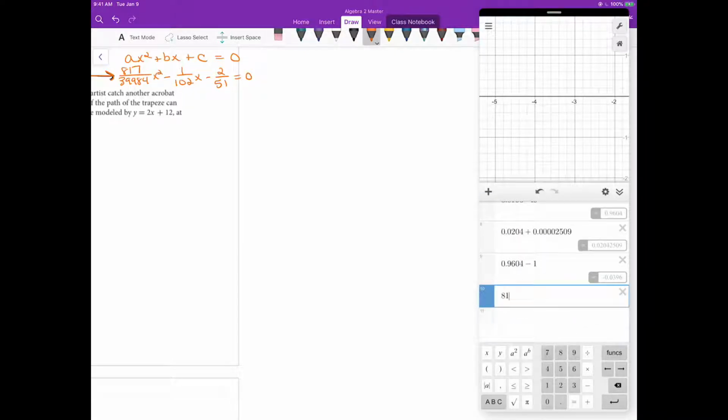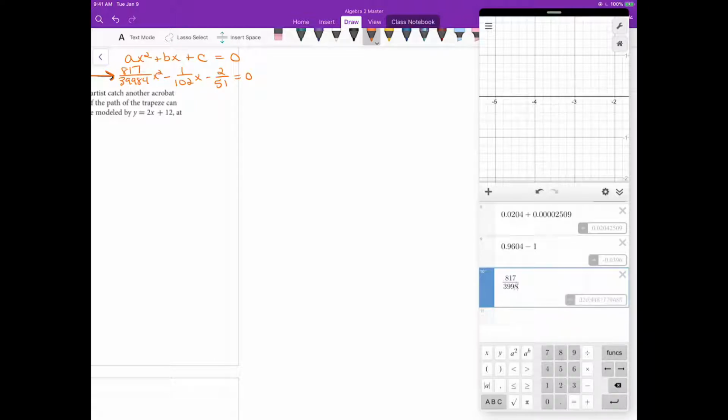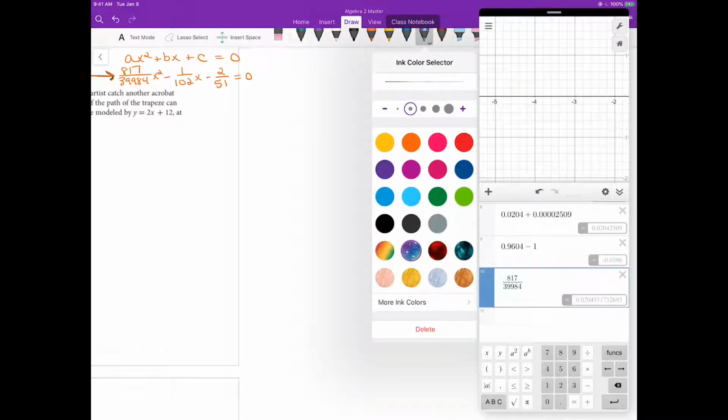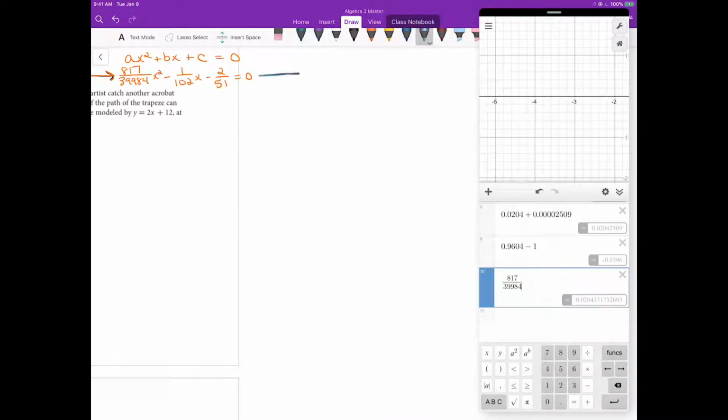And let's take 817 over 399.84, and that is, let's use our star pen because we're talking about stars. And we'll get our equation that we will solve with the quadratic formula, negative b plus or minus the square root of b squared minus 4ac over 2a. And these would be our x values.